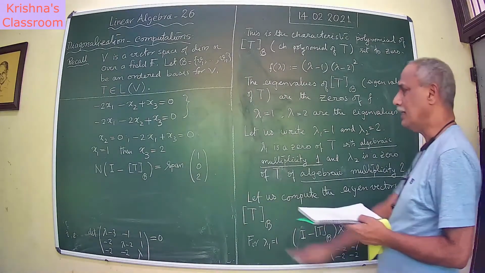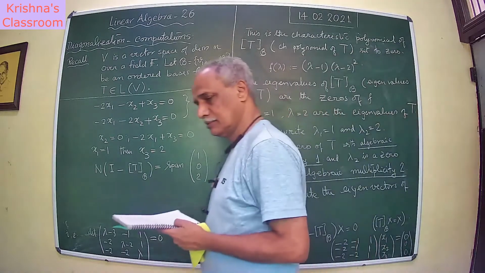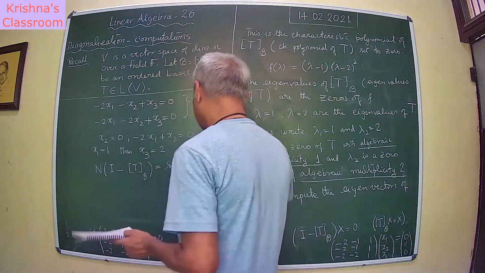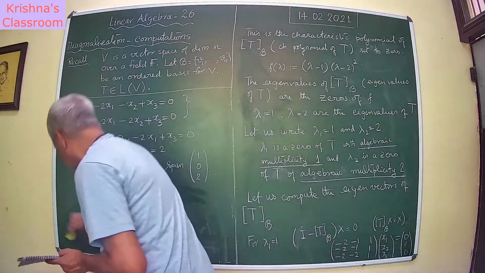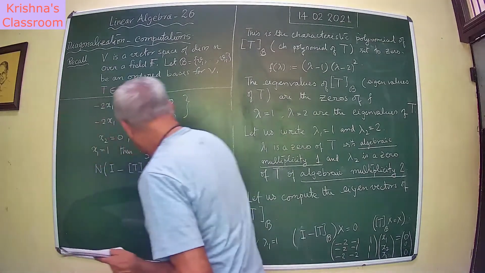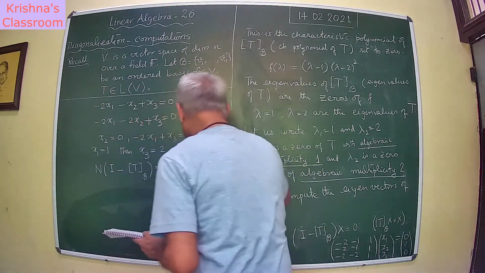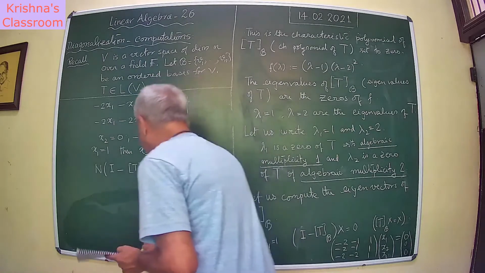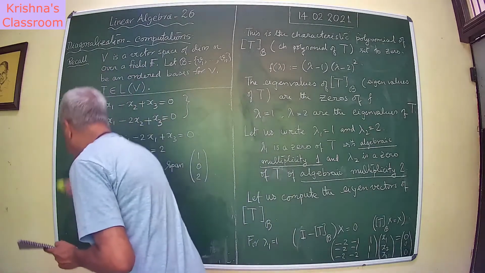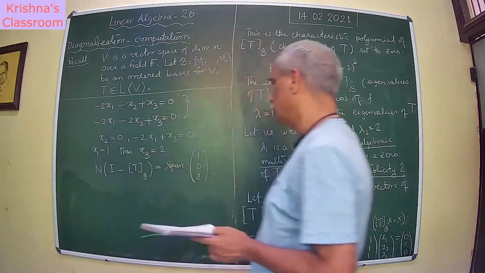So there is one non-zero vector, 1, 0, 2. Incidentally, you can observe that every scalar multiple is also a solution of the same.